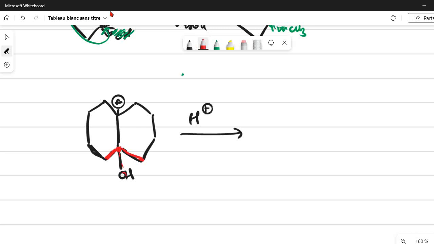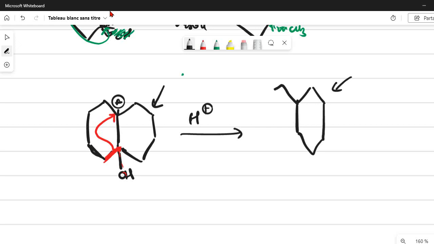We use the red bond to attack here, so we are going to form this part, and we form one, two, three. So I am here, and I still have this one and this one.